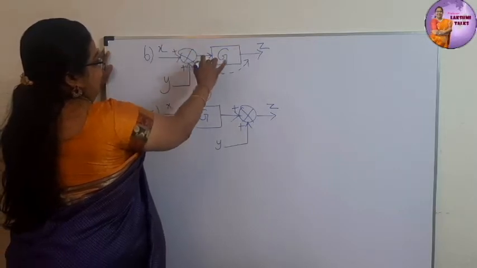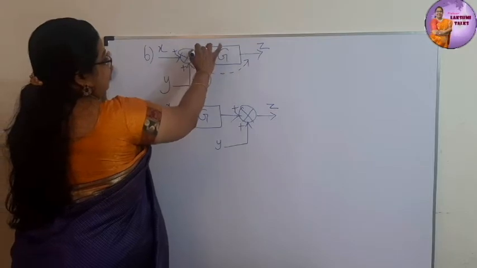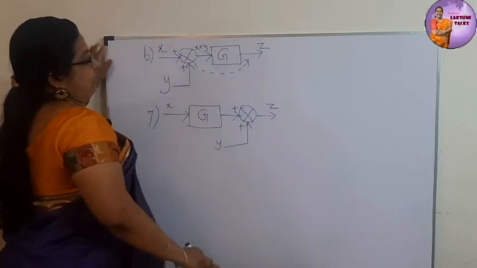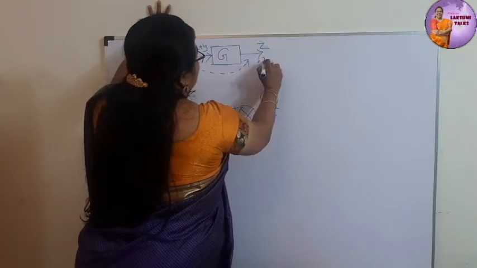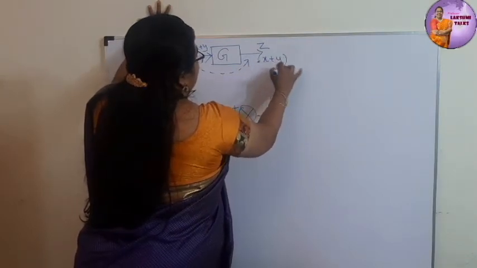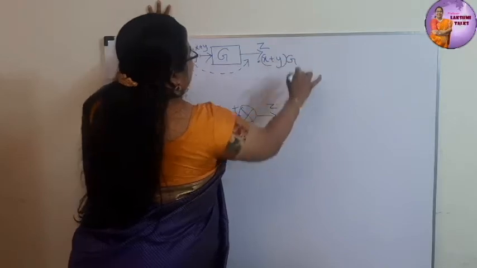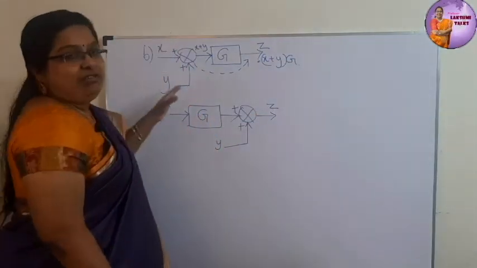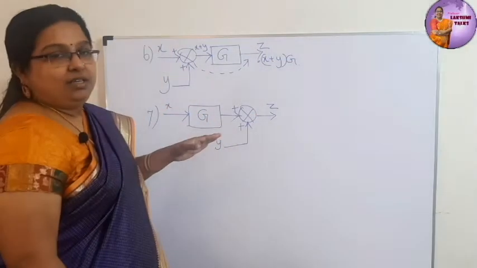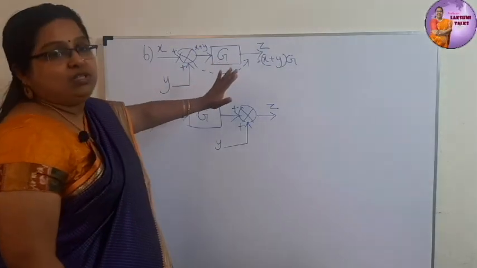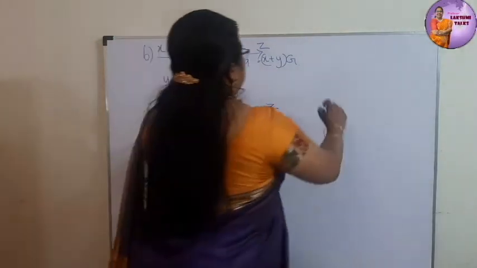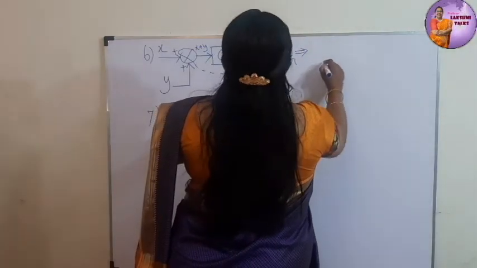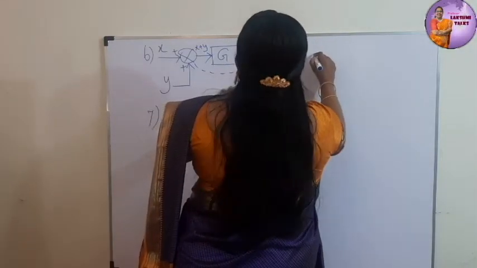So X plus Y is given as input to G. And what will be the output? It will be nothing but X plus Y into G. Even after shifting, we know what has to be maintained. We'll shift the summing point across the block.